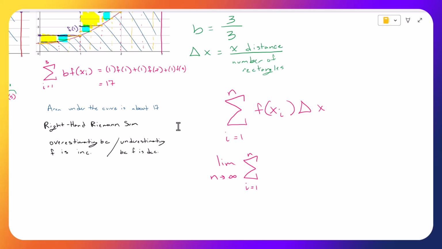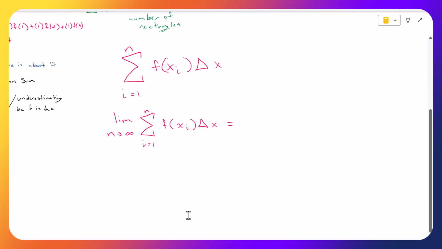So let's go back to limits. An integral at heart is also a limit of f of x sub i times delta x, and this piece right here is something we have a really nice notation for, which I'm going to give to you now, but we're not going to explore it any further apart from our Riemann sums.